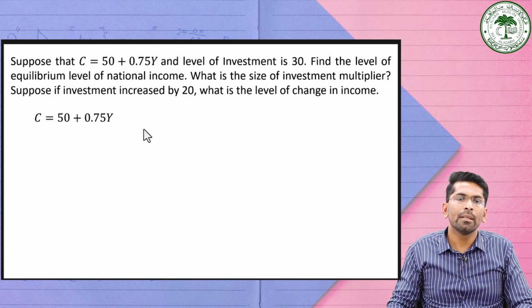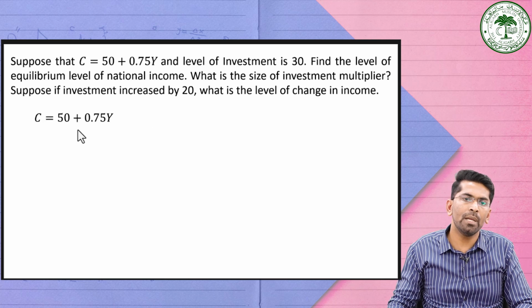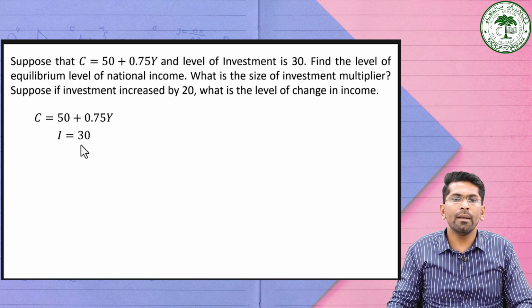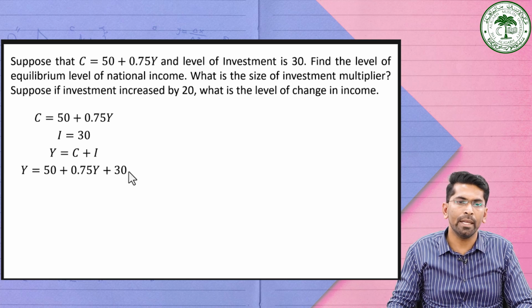Here the consumption function is given, that is 50 plus 0.75 Y. I is also given, that is investment is equal to 30. Then Y is equal to C plus I. Now I am going to substitute. See, Y is equal to 50 plus 0.75 Y plus 30.